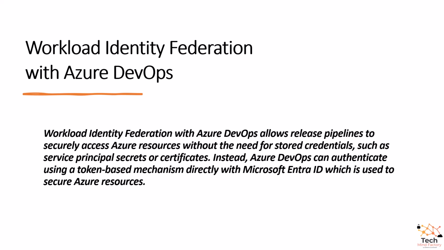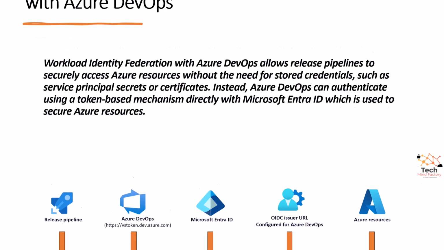To summarize it and make it simple, with Workload Identity Federation we can eliminate the need of using any secrets on the Azure DevOps side, and we will reduce the problem of expiring secrets. Also, we make our solution more secure, because in this way we can securely deploy to the Azure cloud without storing any secrets.